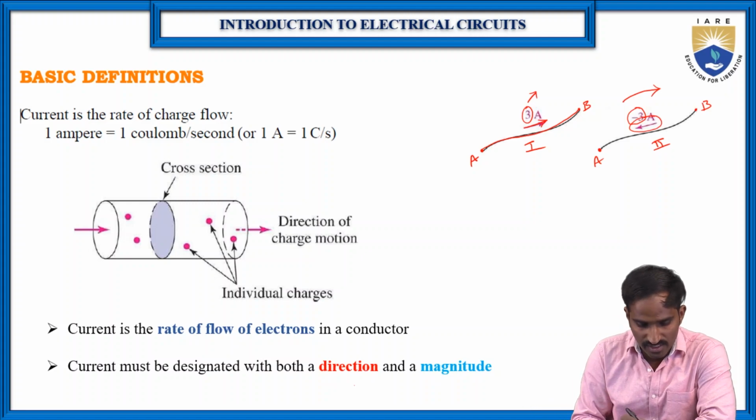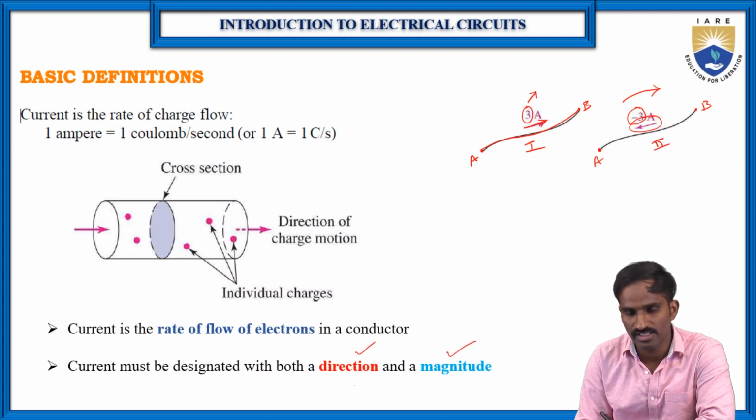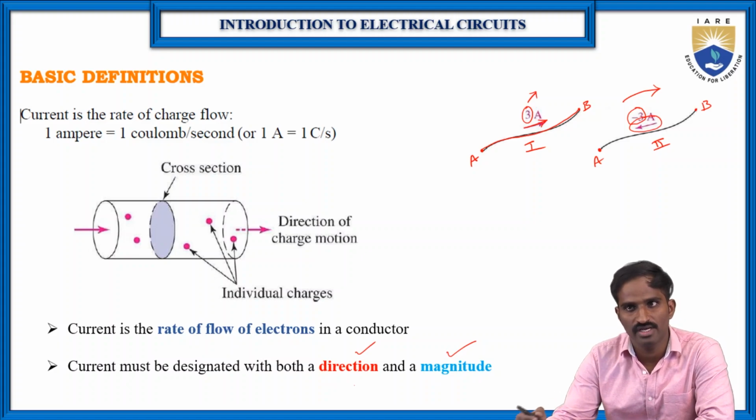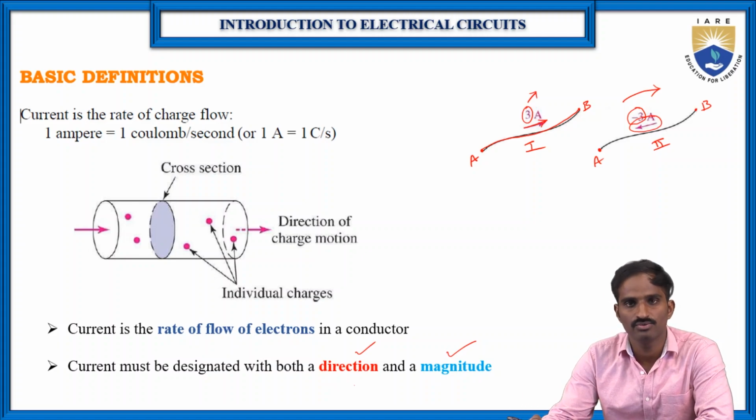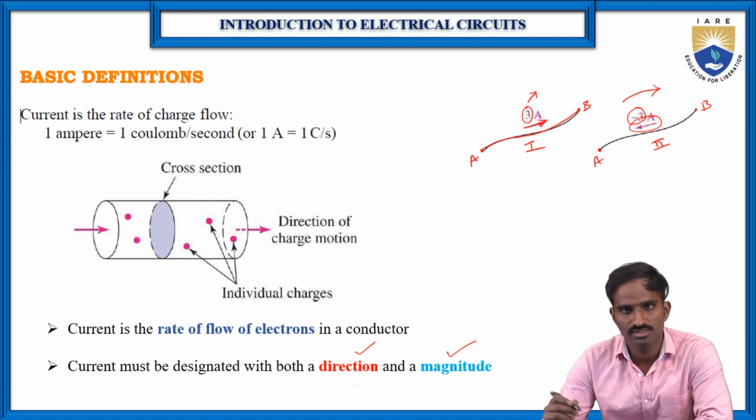That's why current must be designated with both direction and magnitude. The direction is whether A to B or B to A, and the magnitude is how much current is flowing. This is the basic definition of current.